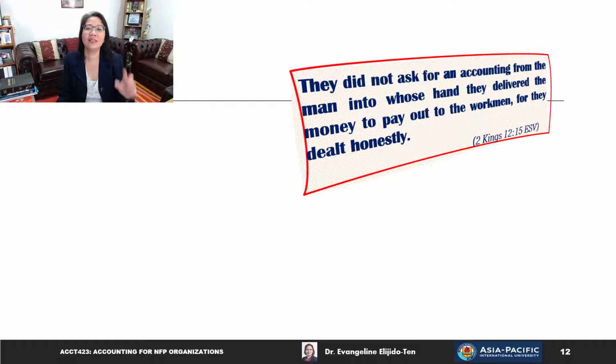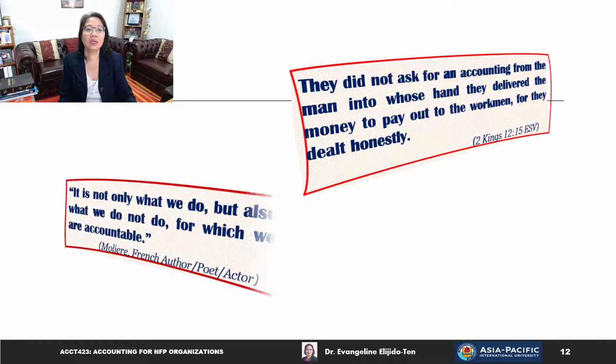So the verse said, they did not ask for an accounting from the men into whose hand they delivered the money to pay out to the workmen, for they dealt honestly. It is true what Molière, a French author, poet, and actor, once said, "It is not only what we do, but also what we do not do, for which we are accountable for."